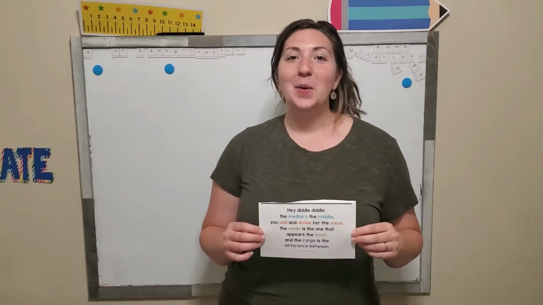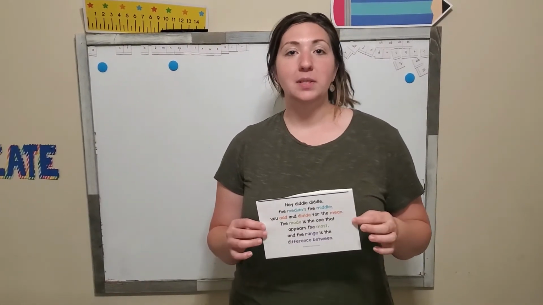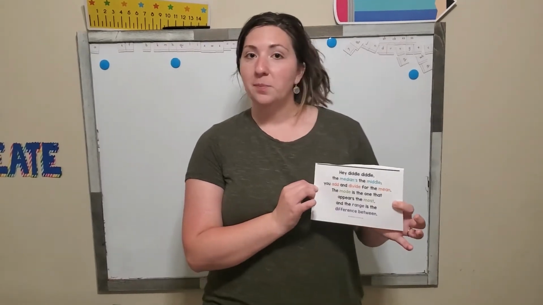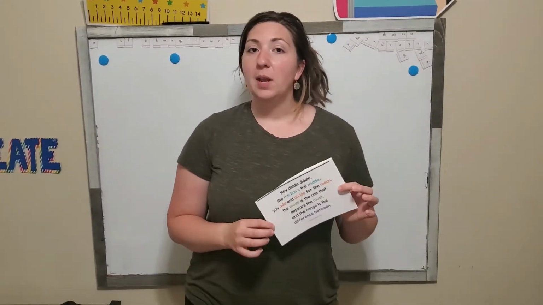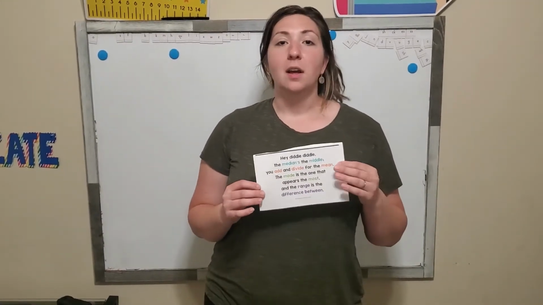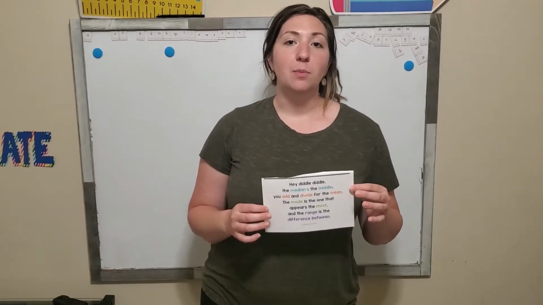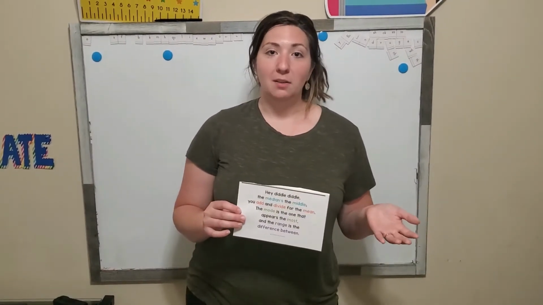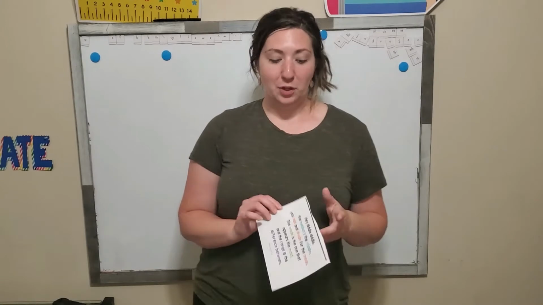Okay class, I printed out for everybody to take home some poems that have a cute little rhyme about mean, median, mode, and range, and it's going to help you remember it a little bit easier. When you're at home, I want you to sing or say this to yourself so that you can practice and memorize it for when we're in class. It'll make things a lot easier for you.